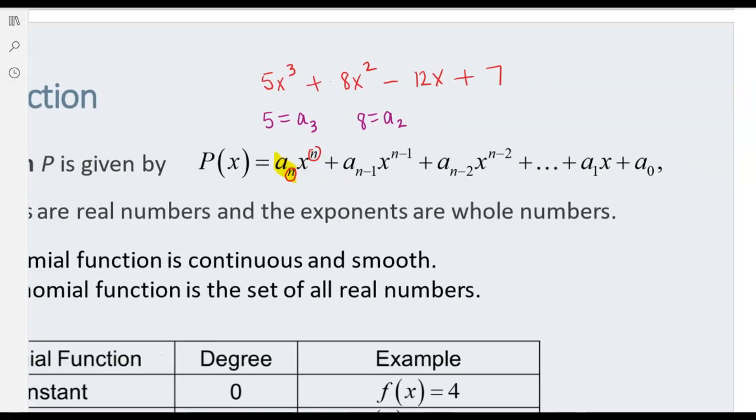And the very last one, the constant, because it'll just be a number, is a sub 0, or a naught, the zero term that is the constant.